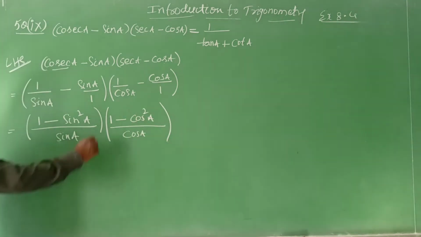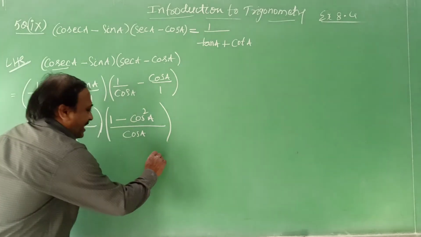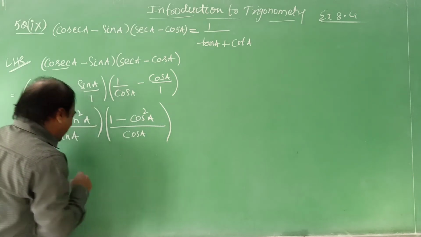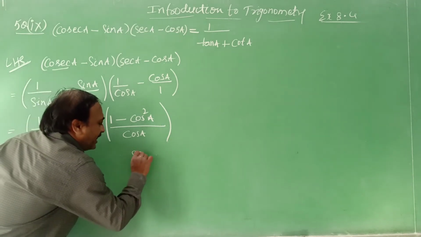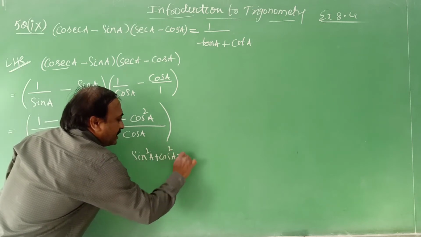Now, as we have the identity, we know one identity. What is the identity? Sin square A plus cos square A is equal to 1. From that, here I am writing the identity which we are using in this step. Sin square A plus cos square A is equal to 1.